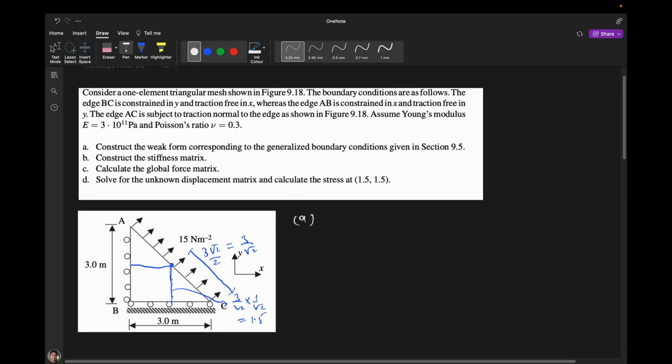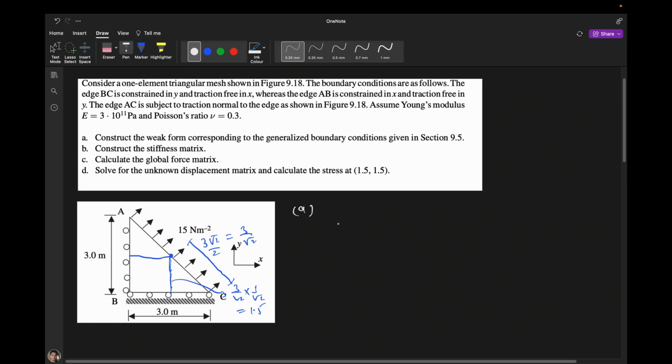It is saying to create a weak form, so we already know the equilibrium equation. The equilibrium equation is del dot sigma plus B equal to 0.